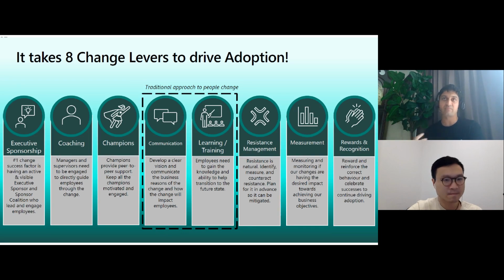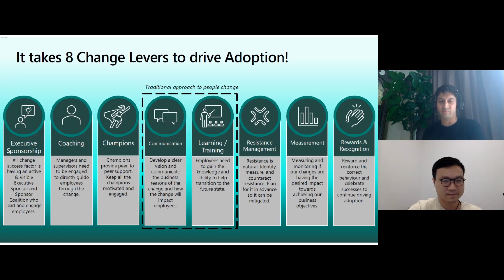Even at Microsoft, if we know that there's a change coming, and say Satya Nadella is the face of it, the odds of us actually adopting the new ways of working are much higher than with some project manager somewhere who's the face of the change that we've never seen or heard of, right? So having that exec sponsor, to me, is the single most key change lever.